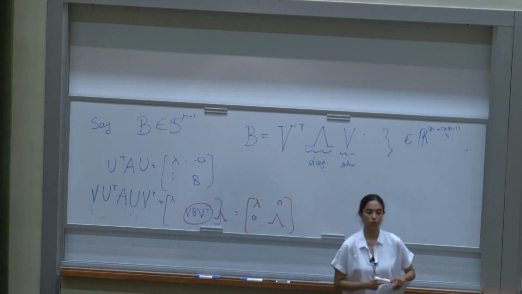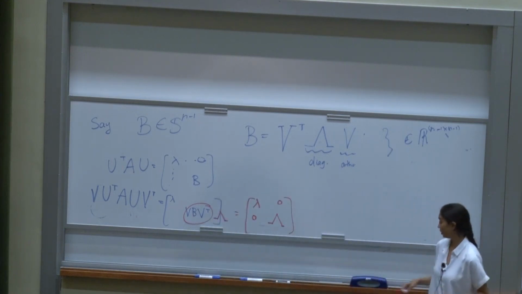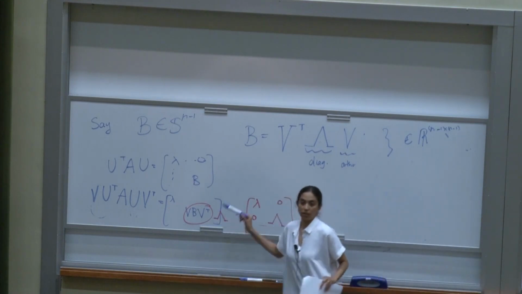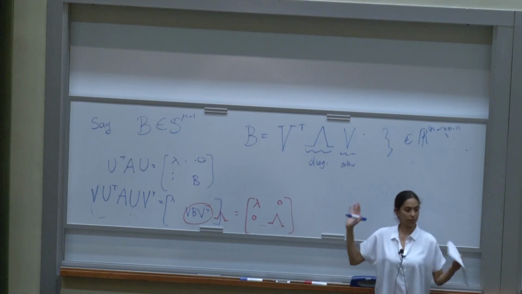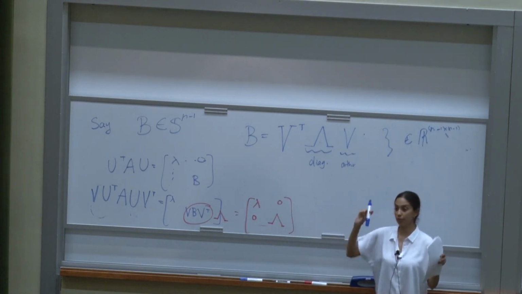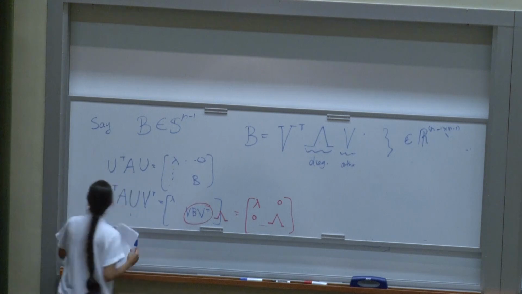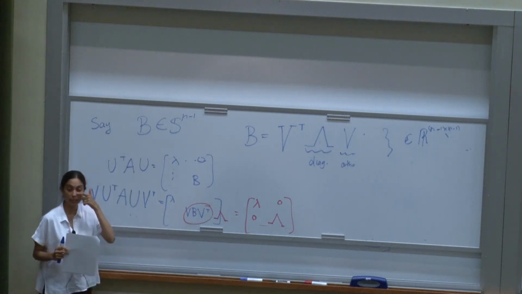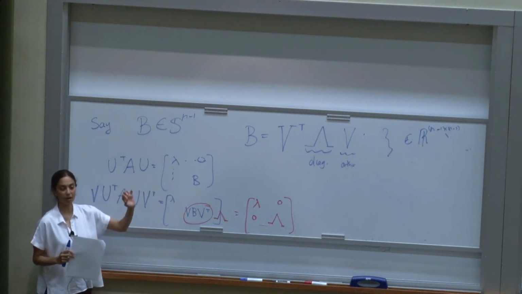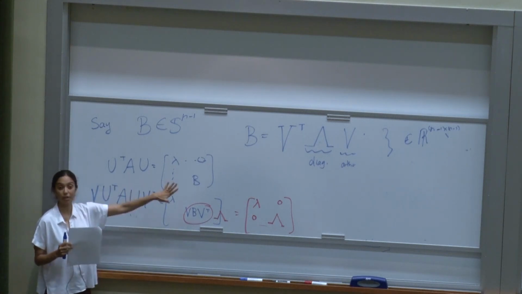So all we're doing is using properties of block matrix multiplication. If this is a little bit confusing, go and work it out. But basically what you're going to see is that you will be able to get this exact decomposition out.